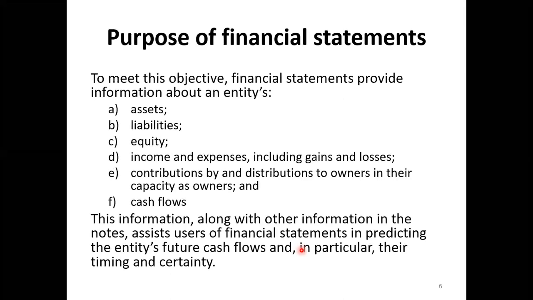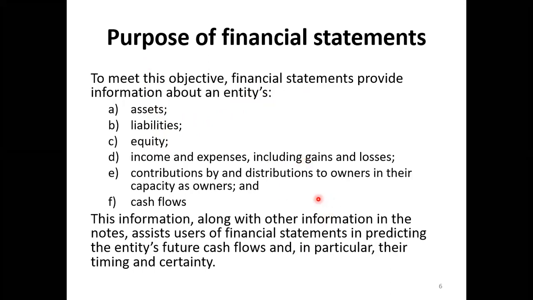To meet this objective, which is to provide financial information, financial statements provide information about an entity's assets, liabilities, and equity. Those three elements we can find in the balance sheet, the financial position. Income and expenses, including gains and losses, you can find in the income statement.